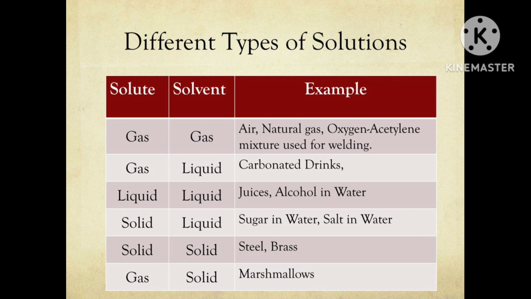Then you will find the taste is the same. The taste is salty, same salty. It means the concentration is homogeneous. Same type of concentration is everywhere. It is mixed properly. It will look transparent.